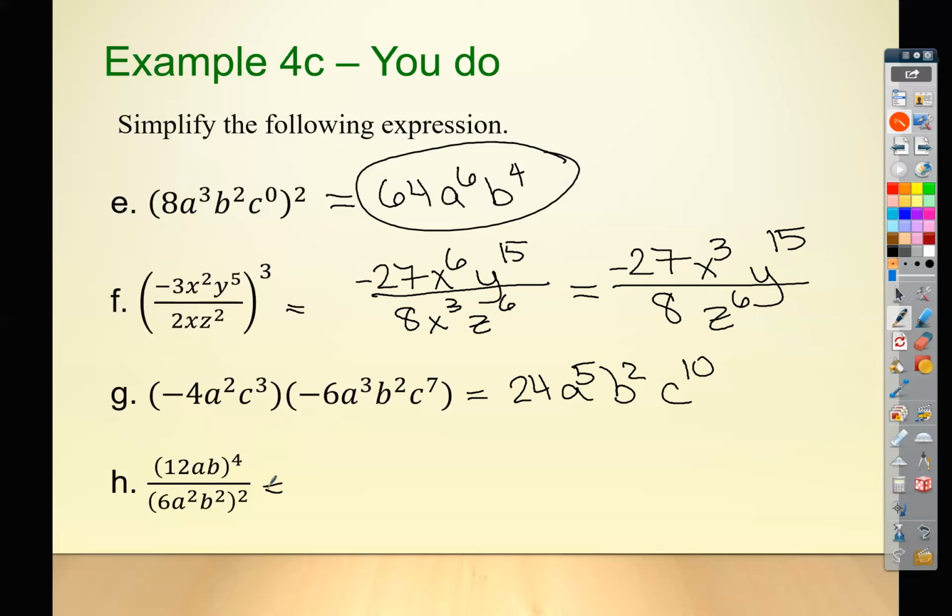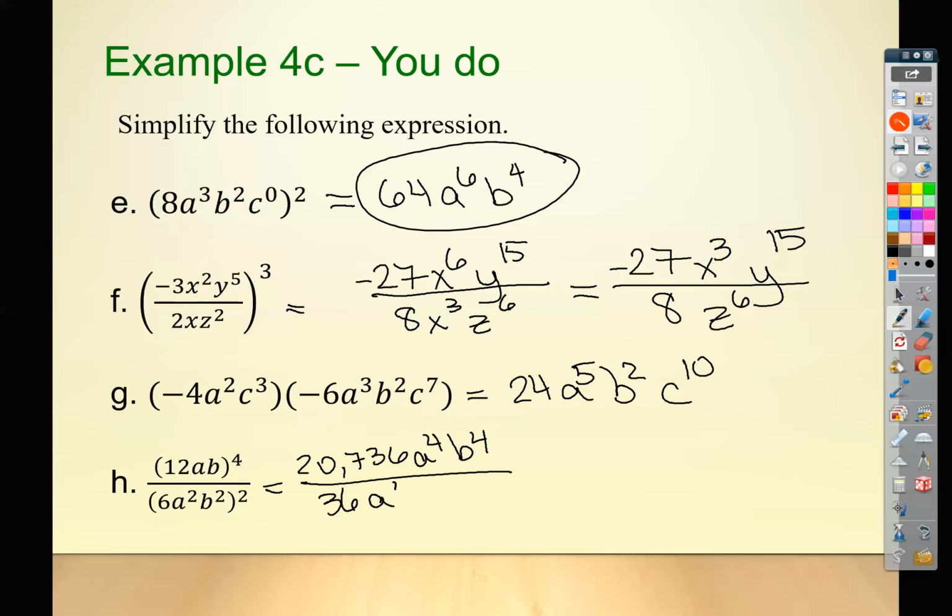All right, in H, let's do the proper order of operations. So, goodness. All right, let me get my calculator for this one. 12 to the 4th is 20,736. A to the 4th, B to the 4th. Over 6 squared is 36.